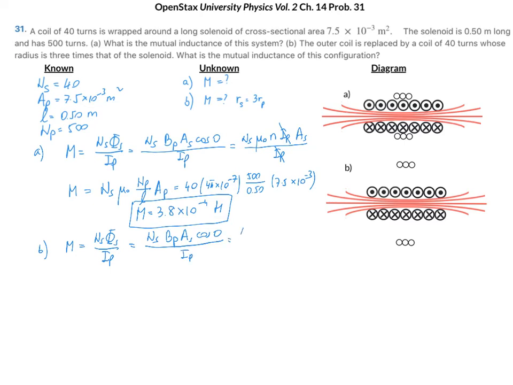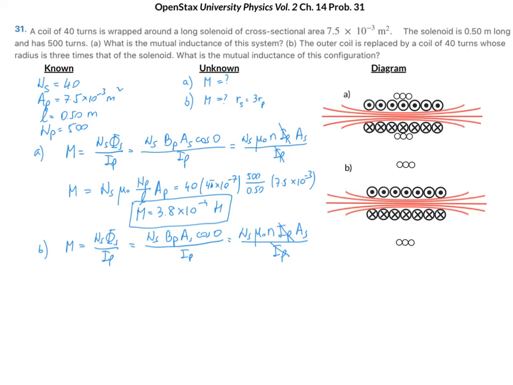So this is number of turns secondary times magnetic field, which is mu naught n I primary, times area secondary divided by current in the primary, and I primary cancels out again.